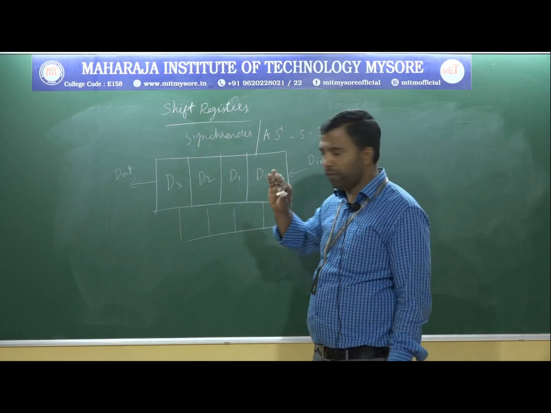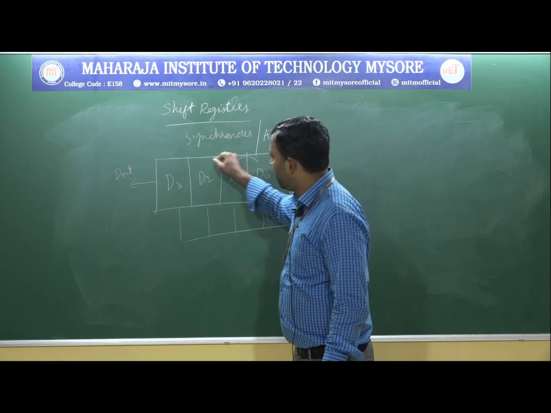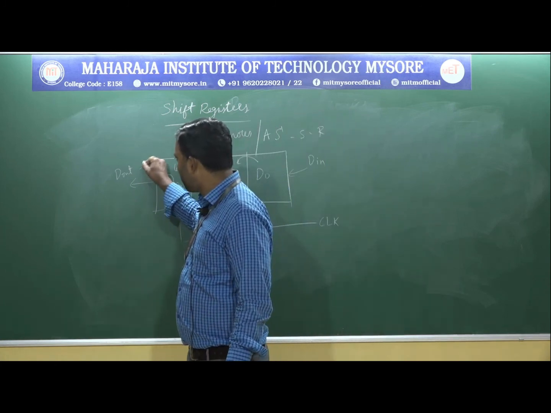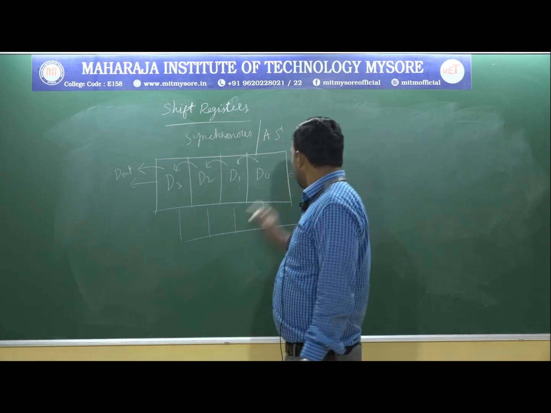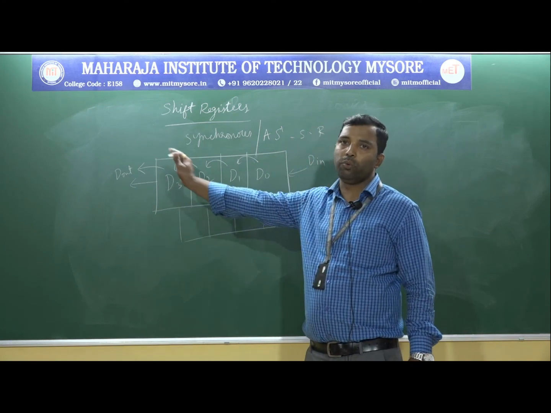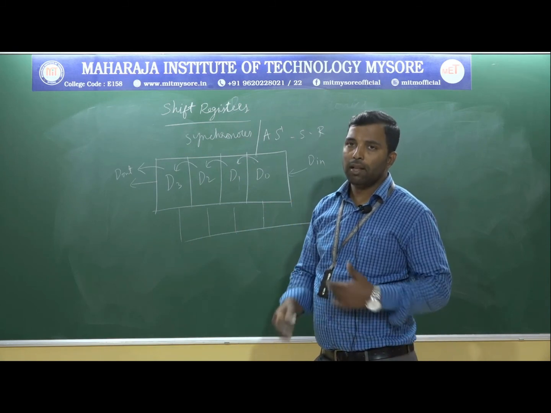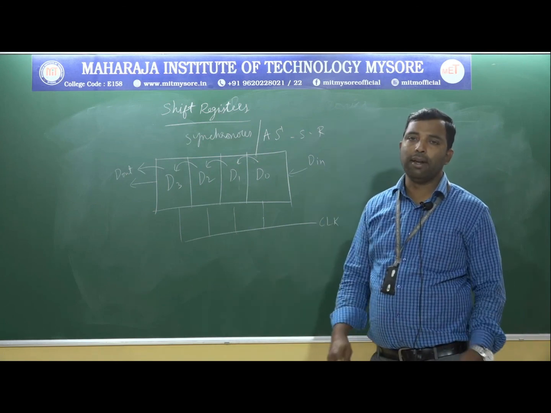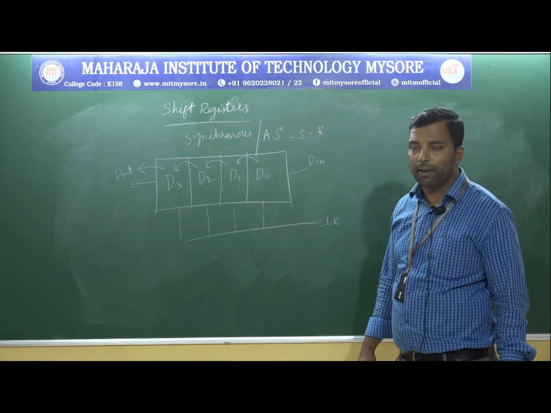D0 moves one position left to D1, D1 to D2, D2 to D3, but D3 goes out of the shift register. The next data in comes here and the last data D3 goes out in the left shift operation. Depending upon the number of clock pulses you apply, the data is shifted. However many shifts you require, that many clock pulses you should apply.